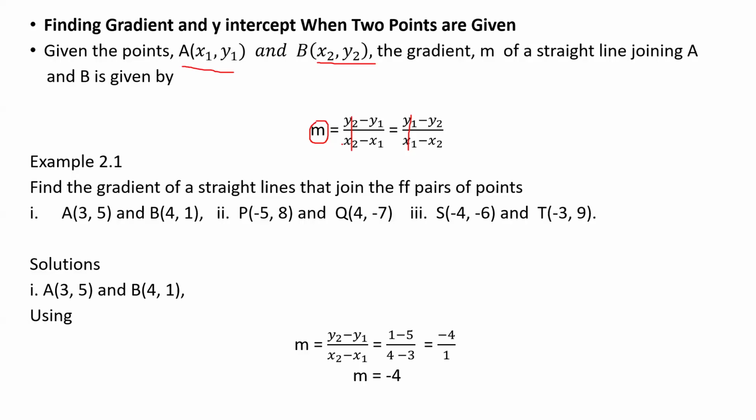Okay, so let's look at the example. Find the gradient of the lines that join the following pairs of points. We have A equal to (3, 5) and B (4, 1).